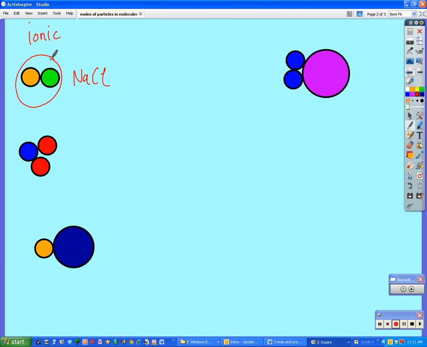Ionic substances do not exist as individual molecules, but to get an idea of moles, if sodium chloride is made up of 1 sodium, 1 chlorine per mole of sodium chloride, then if you have 1 mole of sodium chloride, it contains 2 moles of ions, because there's 1 mole of sodium ions and there's 1 mole of chloride ions.